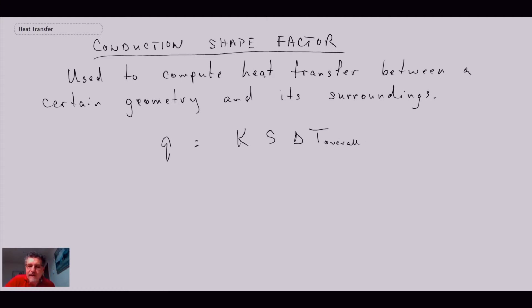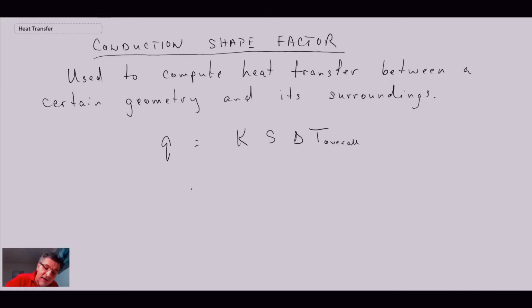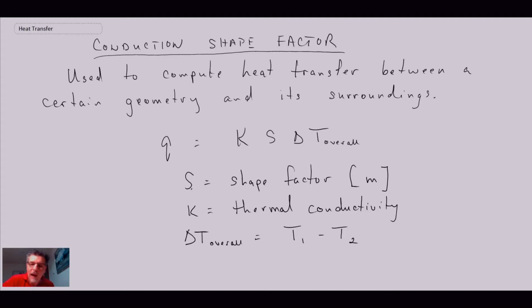K is the thermal conductivity of the material that we're looking at. S is the shape factor. And delta T overall is the temperature difference between the two systems that we're transferring the heat between.